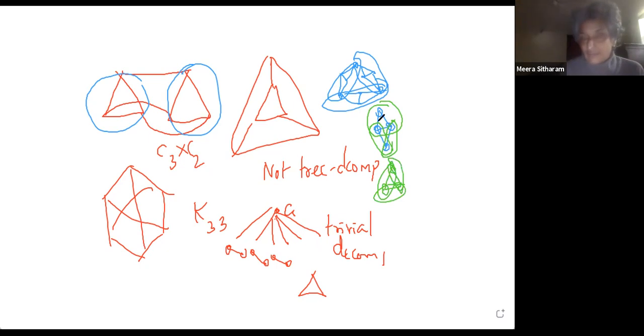Basically they're non-3 connected. They could be 2 connected, but they're not 3 connected. I should say maximally non-3 connected. 3 connected means there exists no way to separate the graph into 2 parts by removing only 2 vertices.